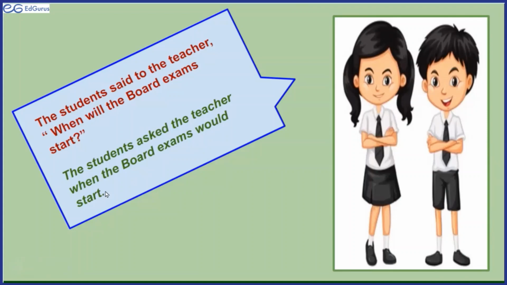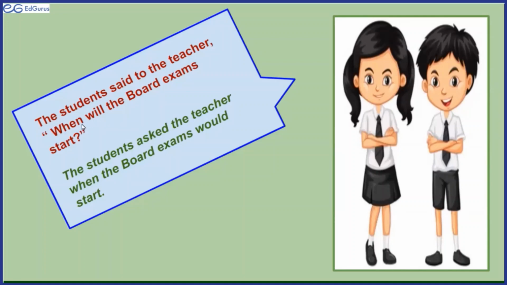There is a tip which I often give to my students. In maths, you do mental maths. Similarly, I tell my children to do a little mental grammar, and if not mentally, they can do it by writing in the rough space. The question is, "When will the board exams start?"